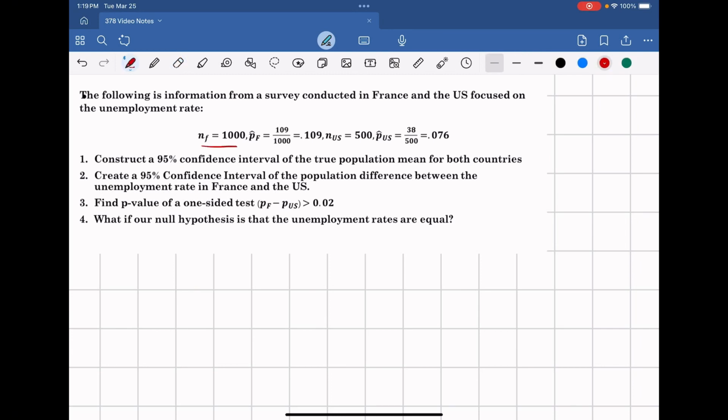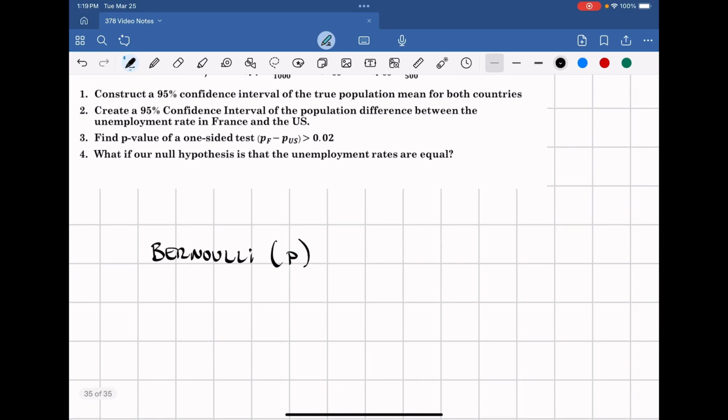So in France, there were 1,000 people that were asked the question, are you unemployed? And 109 of them answered yes. So that means our p hat is 109 over 1,000. And the same thing for the US. What this tells us then is that our random variable x is going to be distributed as a Bernoulli distribution with parameter p, where that's the proportion or the number of people answering yes.